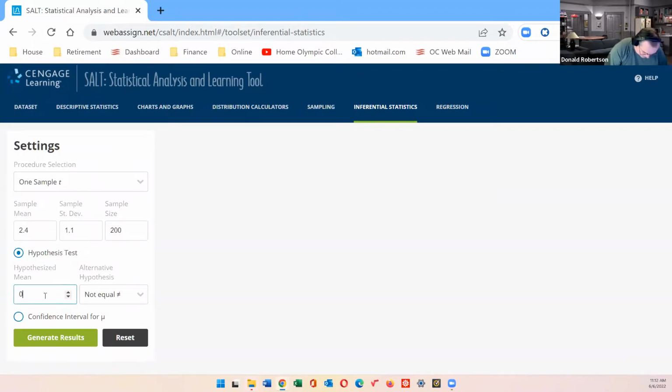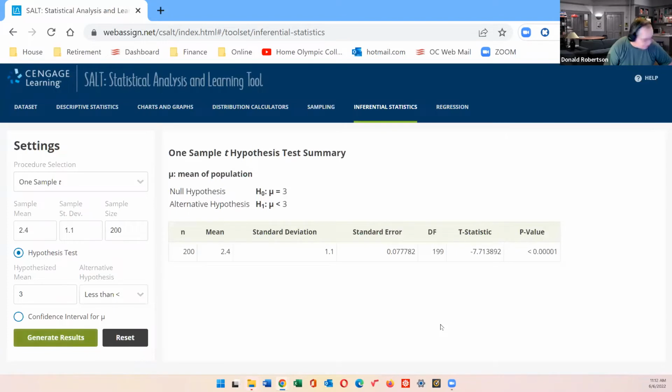The hypothesis mean used to be 3, and we're trying to see if we can prove it's less than 3. Are you happy about that? That's the sample mean, that was its standard deviation, there's the sample size. And at this point, you just click generate results.